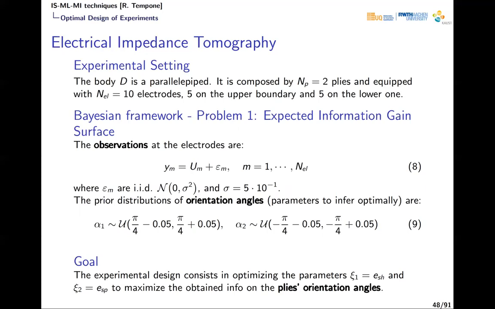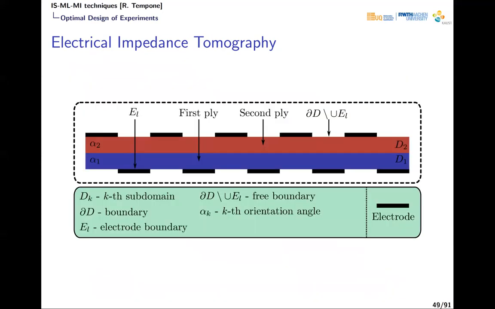What I'm going to show here is an experimental setting where you have a composite material with 2 plies. We want to recover the orientation angles of the plies by pushing electricity through different electrodes and designing the position of these electrodes for best recovery. So again, this is the position of the electrodes.